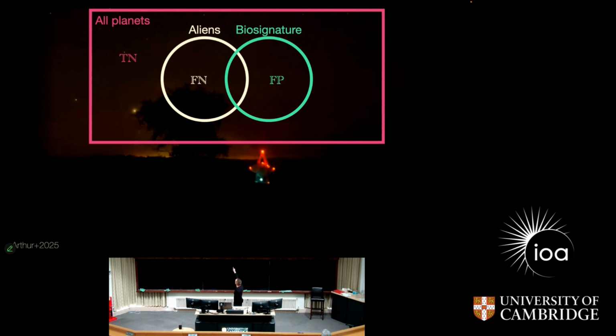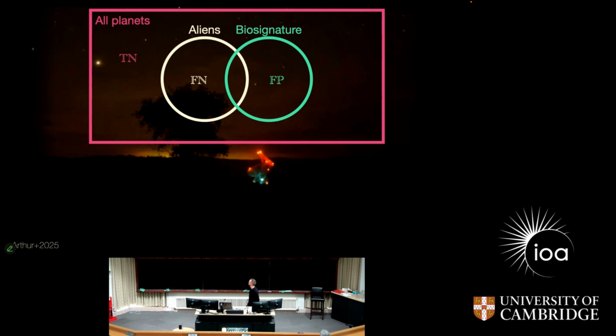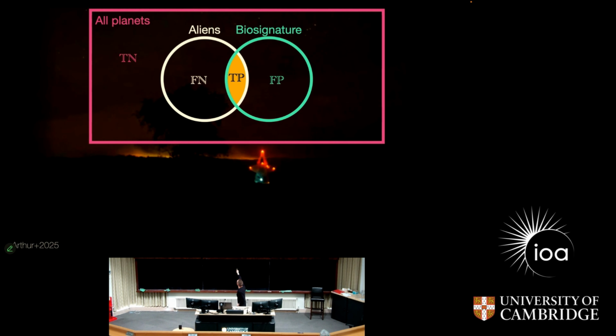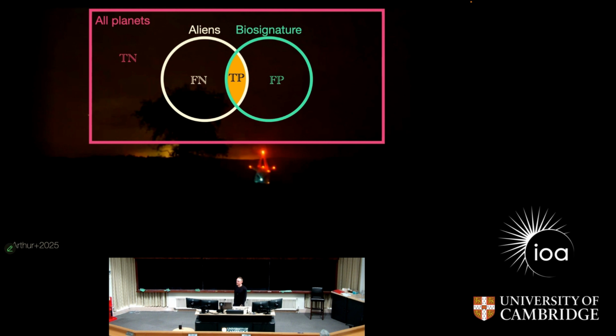This group of planets, they are hosting life, but the life hasn't imprinted itself on the planet in a way that we're able to observe, at least given this particular biosignature, whatever we've chosen to look for to fingerprint the presence of life. It's only this middle population where we have the true positives, where we both have the life and the evidence for it that we're able to detect.